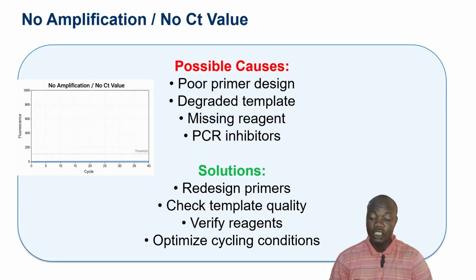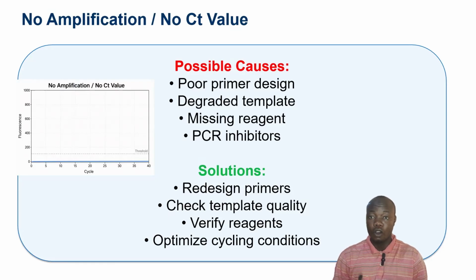So what are the solutions if you have these possible causes of no CT value or amplification at all? The possible solution number one is to design another primer or to check template quality. Check the quality of your template through nanodrop.